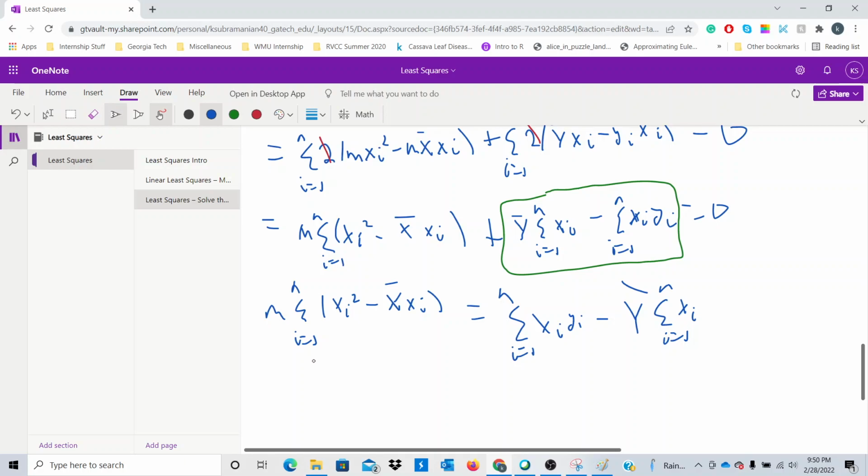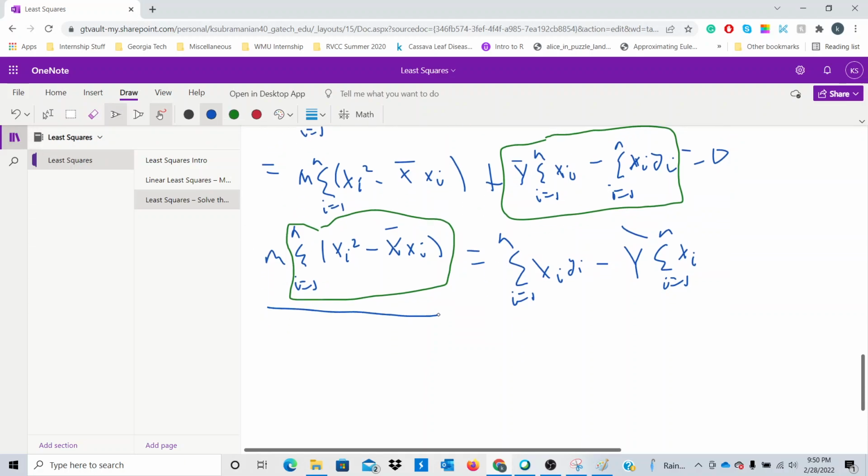Okay, now what's left is we're going to divide out this summation in green, and that'll give us an expression for m. So we divide by the summation from i equals 1 to n of x_i squared minus x-bar x_i, and we do that on this side as well.